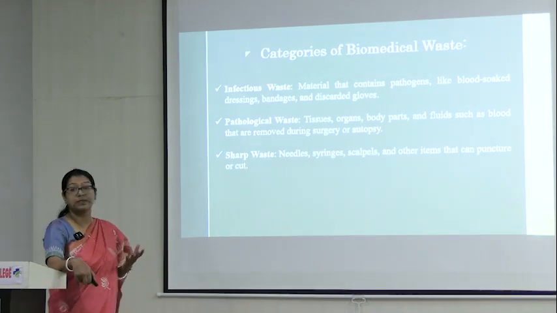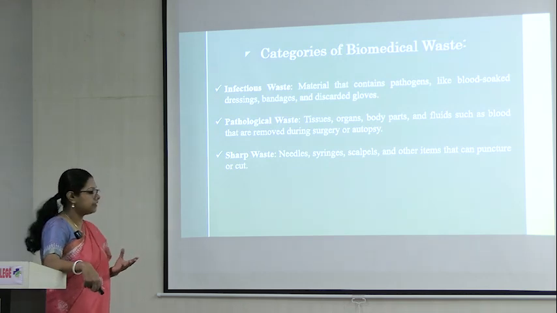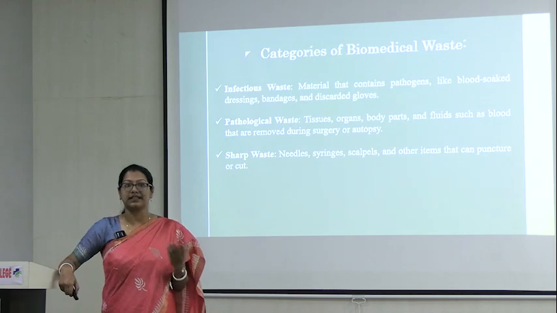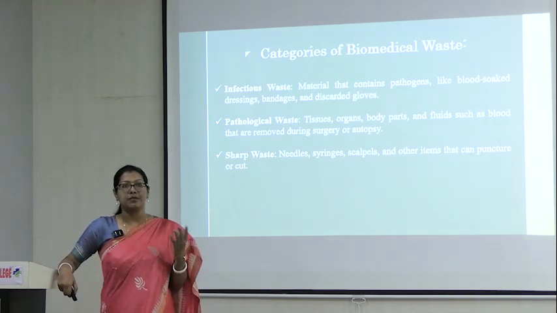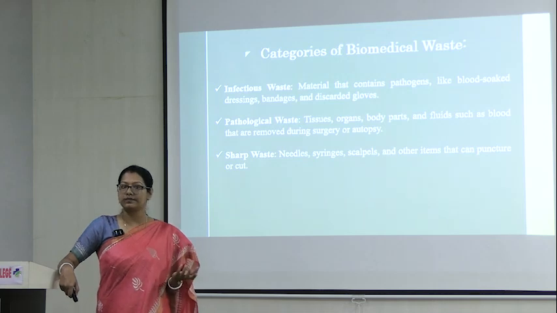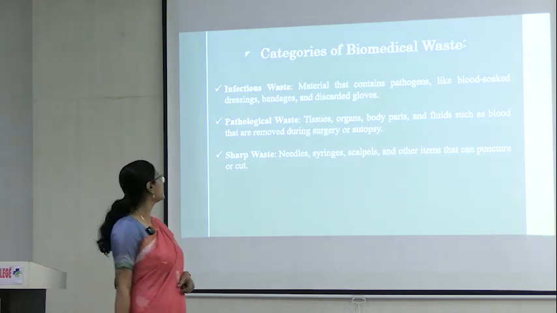It can be soaked with blood or sometimes with body fluids of the patient. Then we must have used gloves during blood collection or sometimes palpation or percussion of the patient. All those gloves are also regarded as infectious waste.